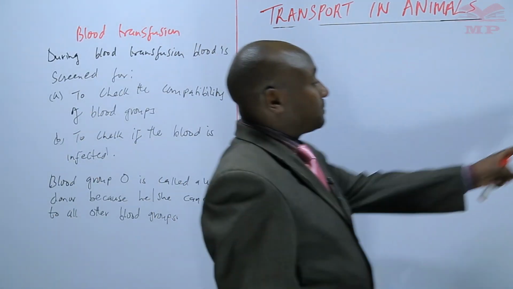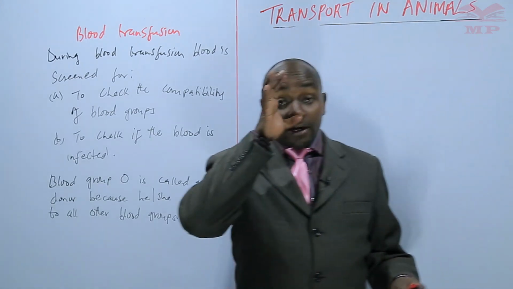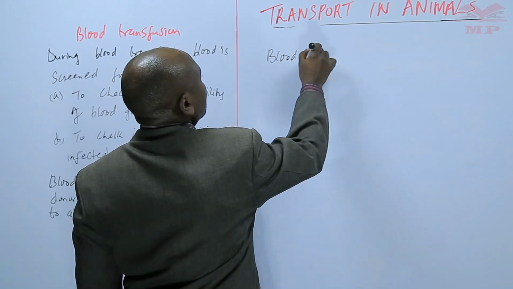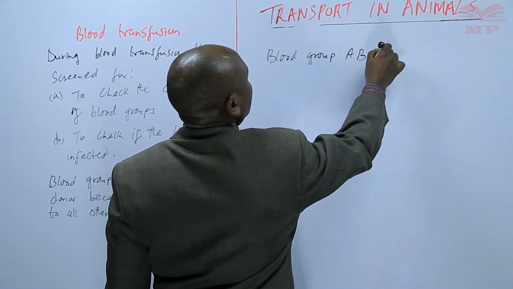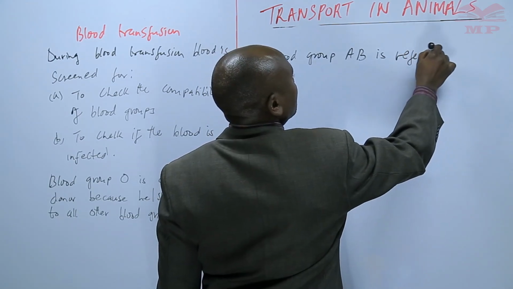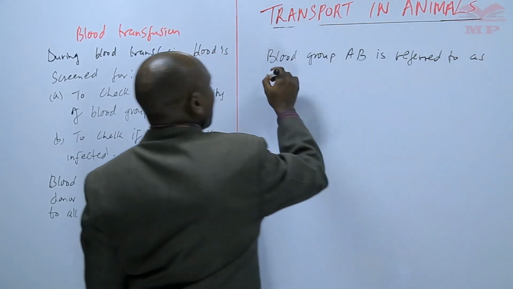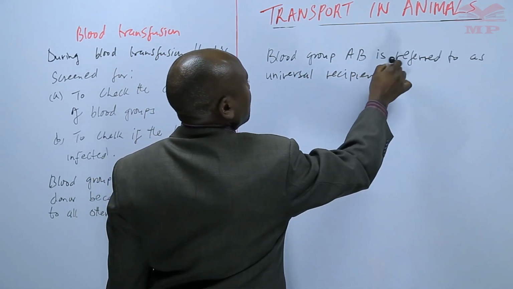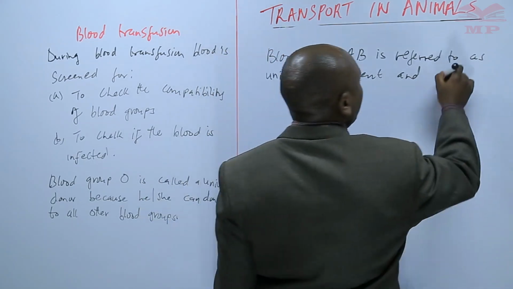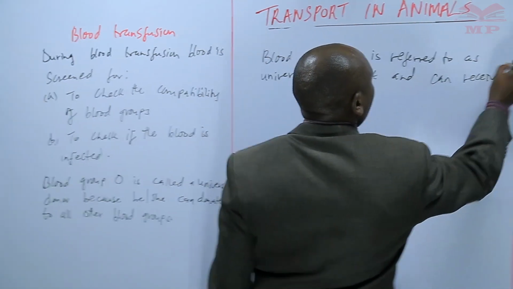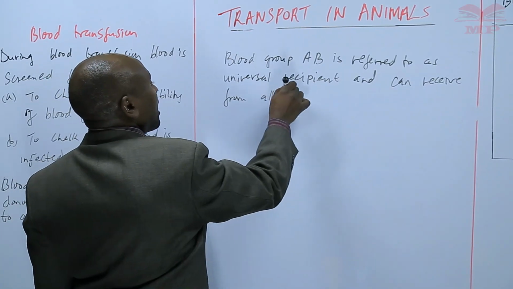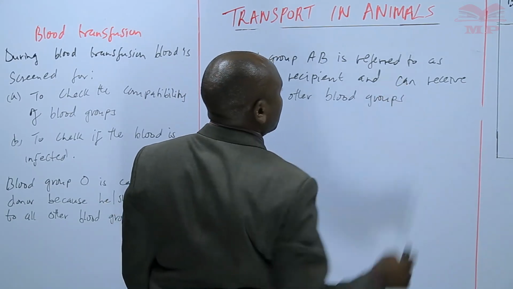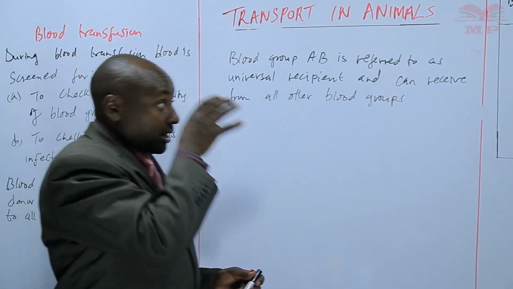A blood group AB, this person is referred to as a universal recipient. So blood group AB is referred to as universal recipient and can receive from all other blood groups.